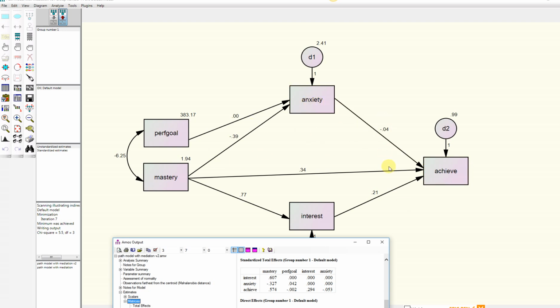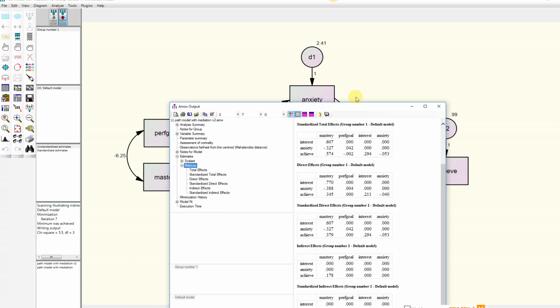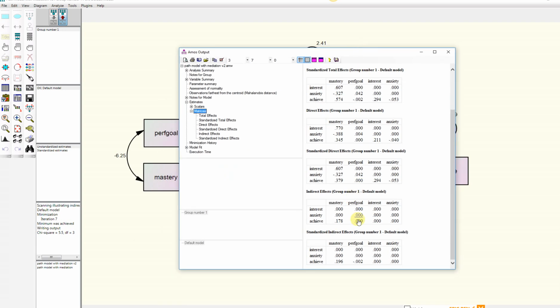But in this particular case, in AMOS, you're not really able to do that. But you are still able to talk about the indirect effect of mastery on achievement just by taking the sum of both of these, the products for these two paths here and these two paths right here. So that's just something that I think it's important that you keep in mind when you are running your analysis.